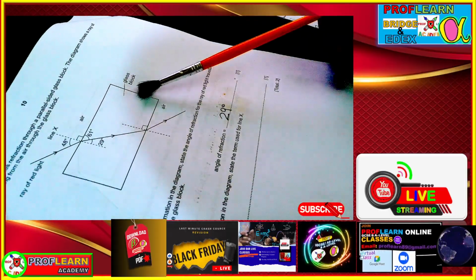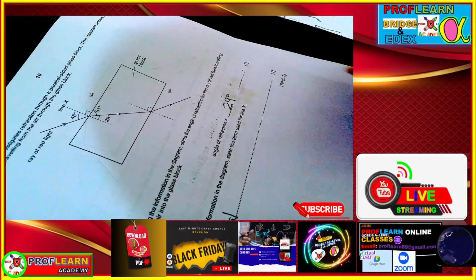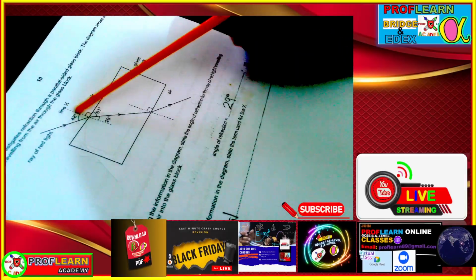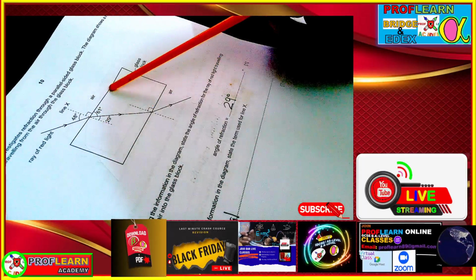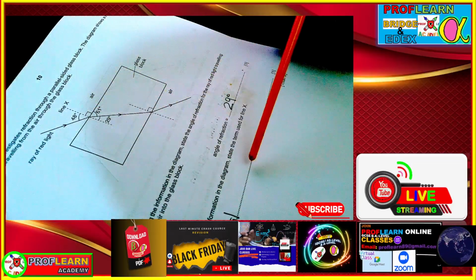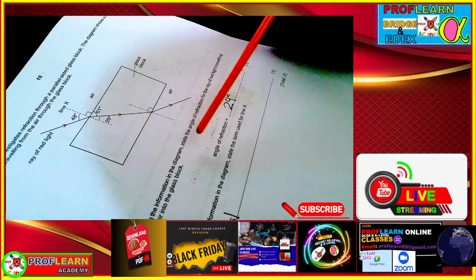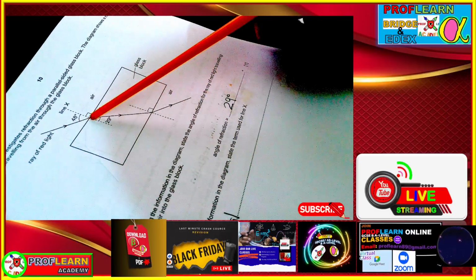And lastly, we have this section here, whereby you are supposed to identify the dotted line. The dotted line is making 90 degrees with the boundary, and that is called the normal. And you are asked to identify the angle of incidence and the angle of refraction. Remember, this light is moving from air into glass.